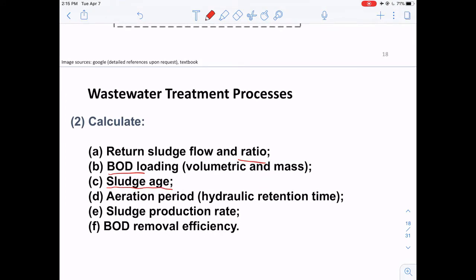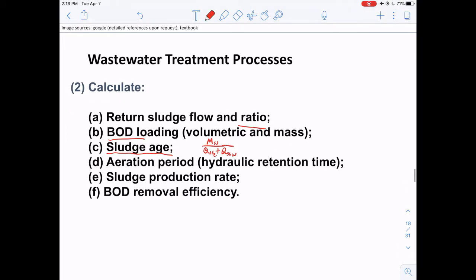We should also calculate the sludge age. Remember, the sludge age is the total mass of the suspended solids divided by the flow of the suspended solids through the effluent and the flow of the suspended solids through the waste.